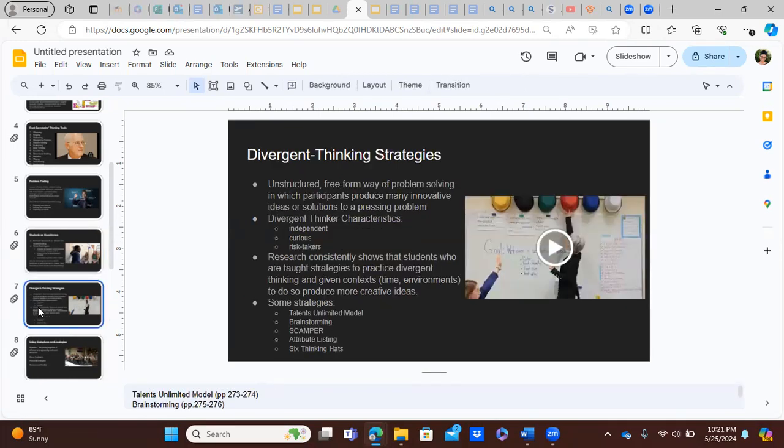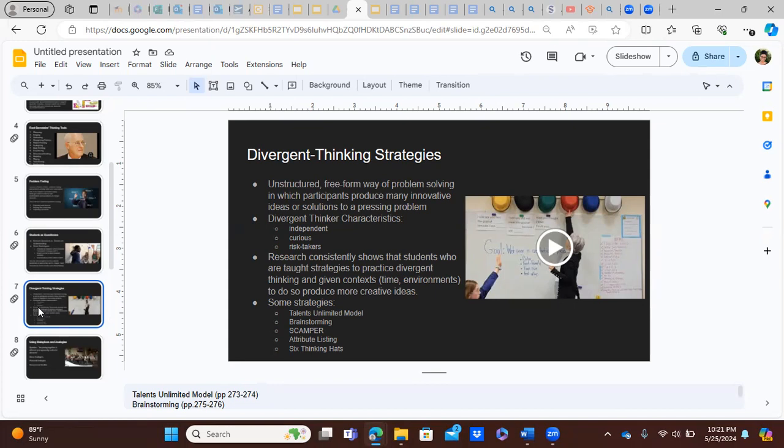The next thing that we're going to talk about is the next tool, divergent thinking strategies. Divergent thinking, of course, is a buzzword in gifted education, and it is definitely part of what we know to be creative thinking skills, but sometimes we throw it around so much that we may not know exactly what it means. This is the definition that many scholars agree on.